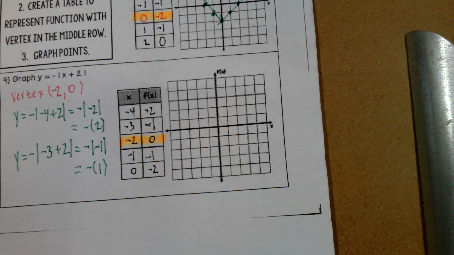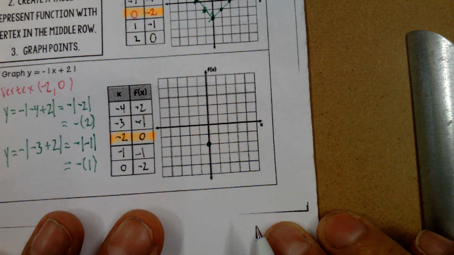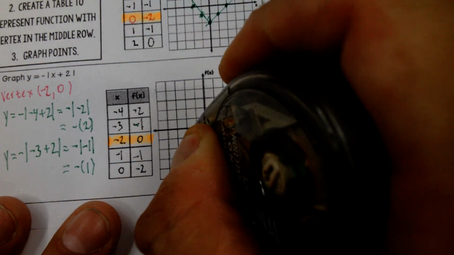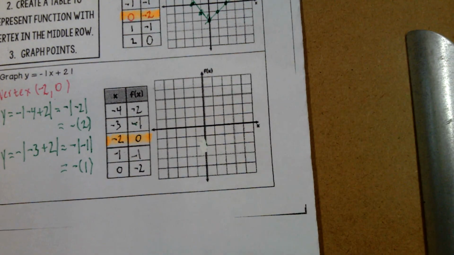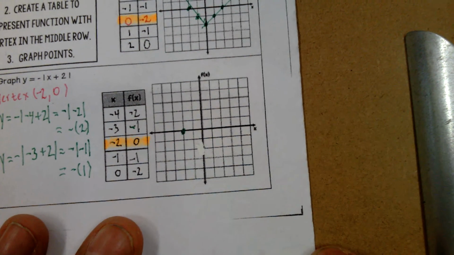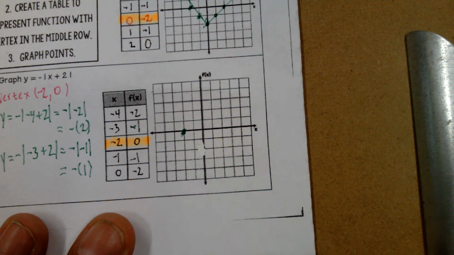Go ahead and plot the vertex first. Put negative 2, 0. So let's look for negative 2, 0. Right there. Oh, is that right? No, I messed up, didn't I? It's the other one. Negative 2, 0 is right here. There we go. And then plot the other points.